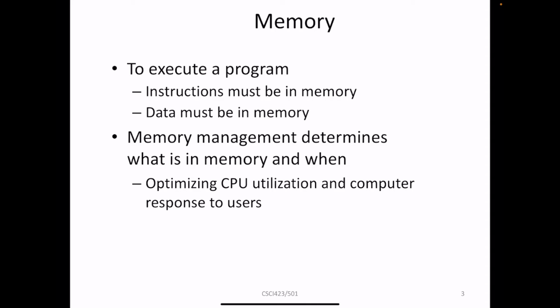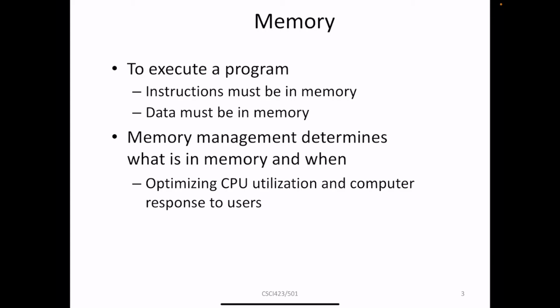So how do we do that? We need to manage the main memory to decide which instructions and data need to be loaded into the main memory and at which time point, so that we can better optimize the CPU utilization and make the computer better respond to the users.